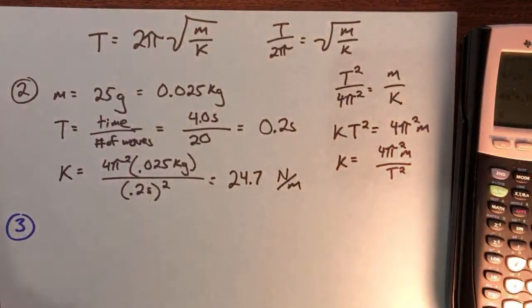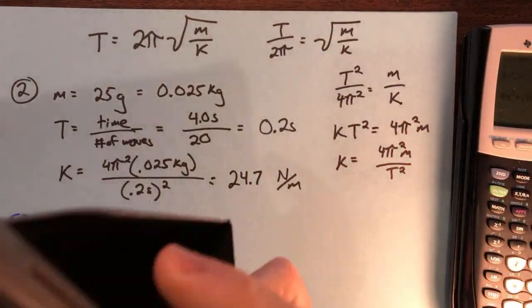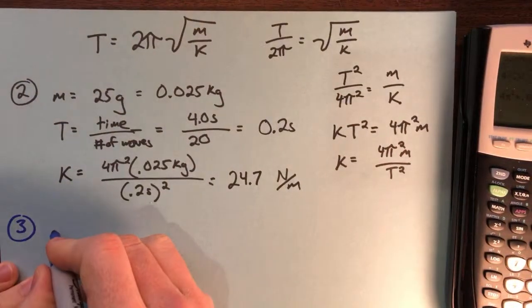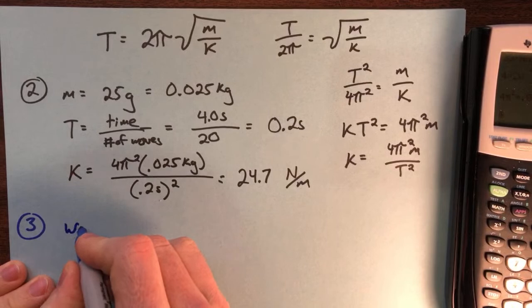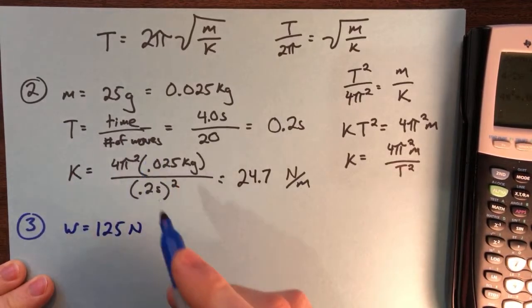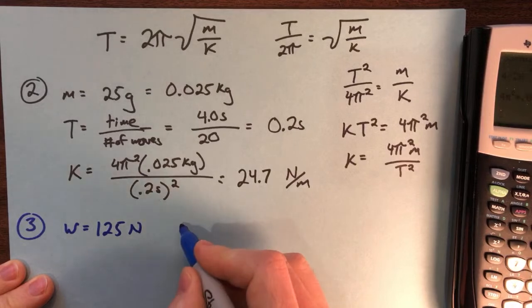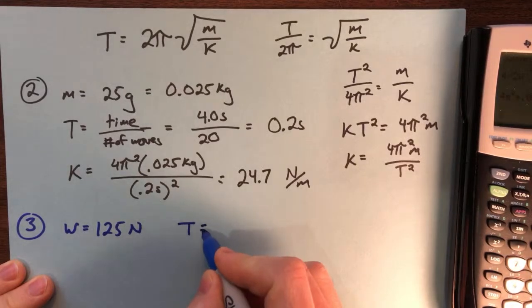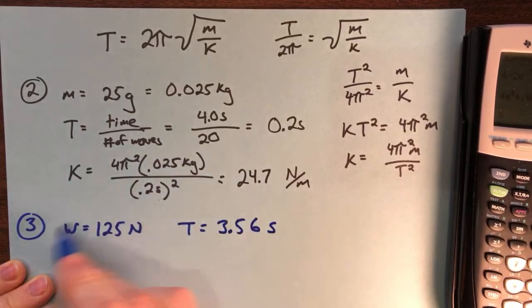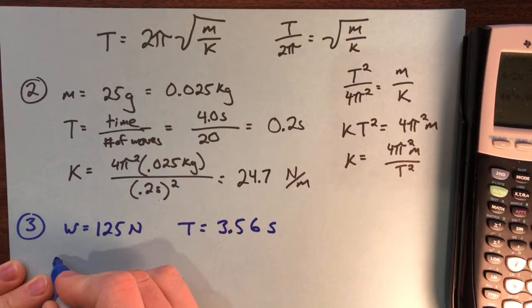All right, we can do that. So let's go ahead and assign those numbers and plug it into the equation that we have. Our weight in this case is 125 newtons. And let's write down the period is 3.56 seconds. And the weight is also equal to mg.